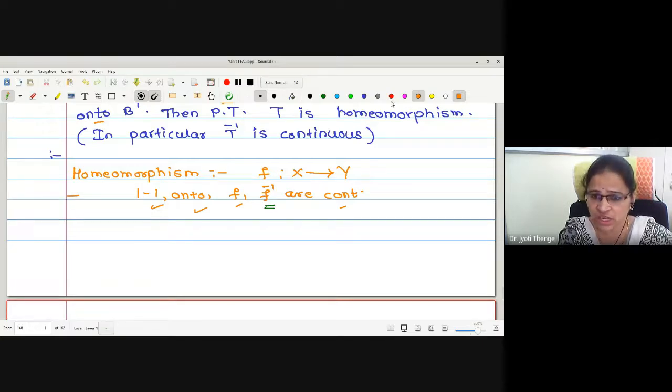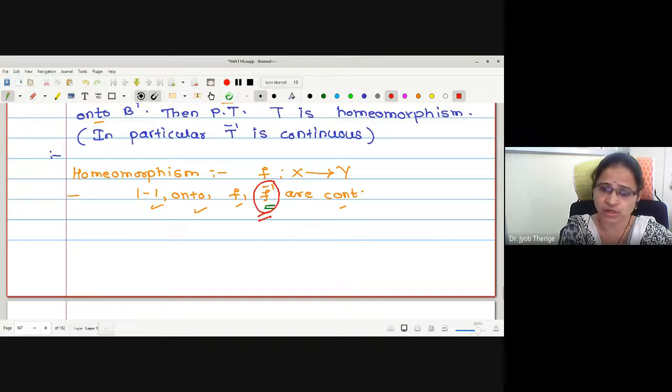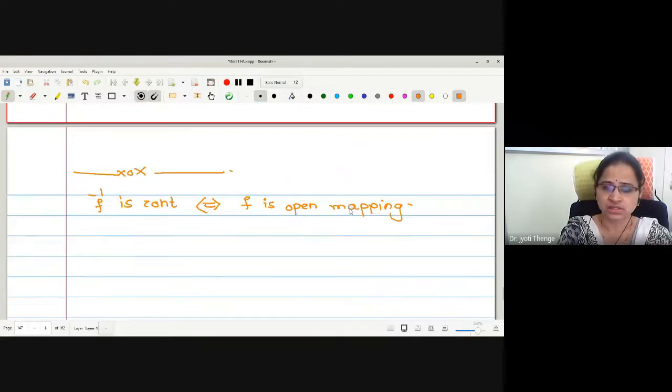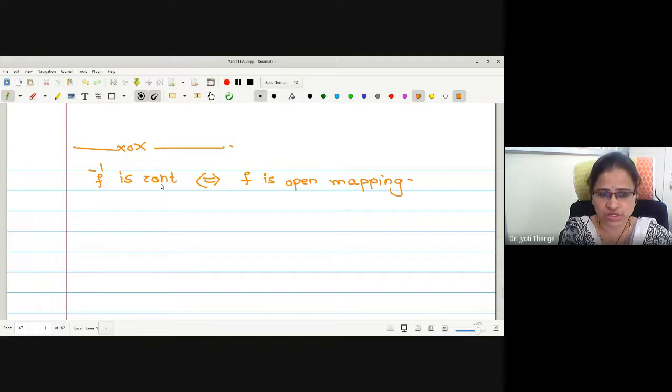Which condition am I replacing? I am replacing the condition of F inverse to be continuous by F is an open mapping. Now one has to check how the two conditions are same, or equivalent.